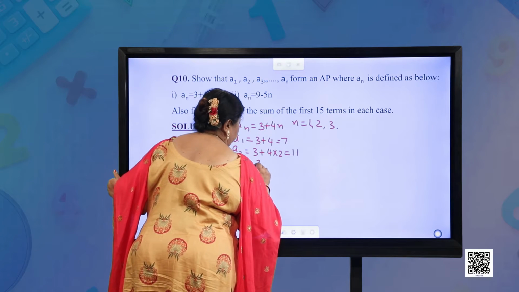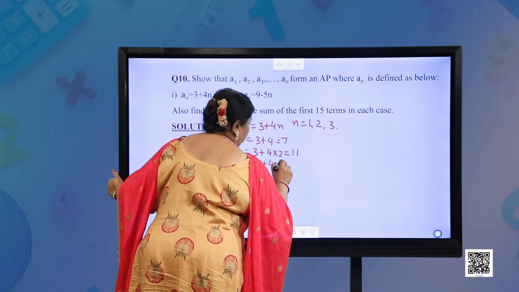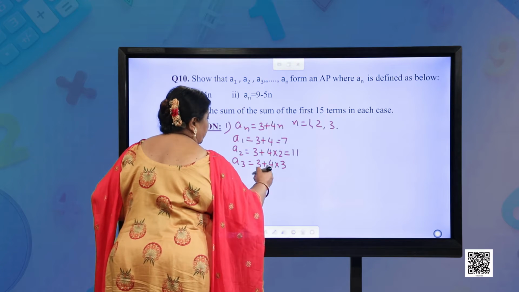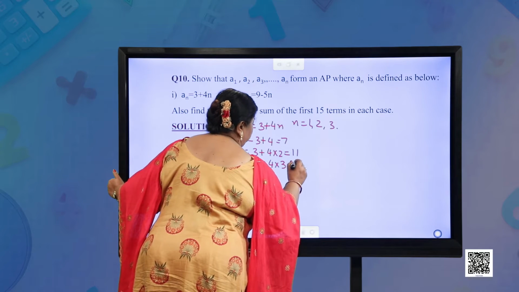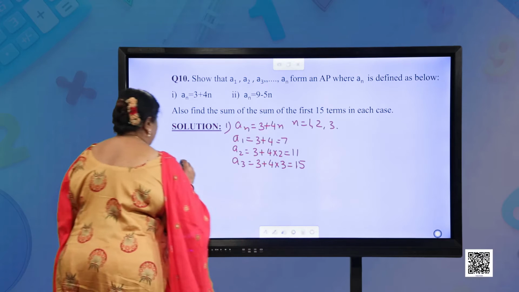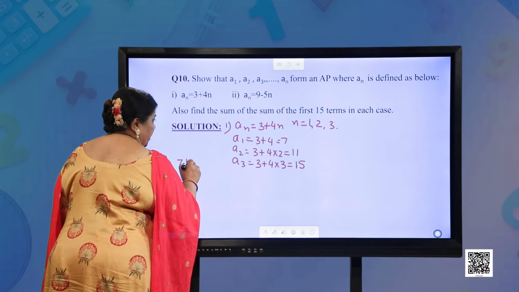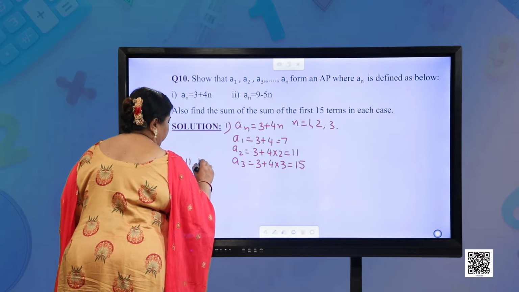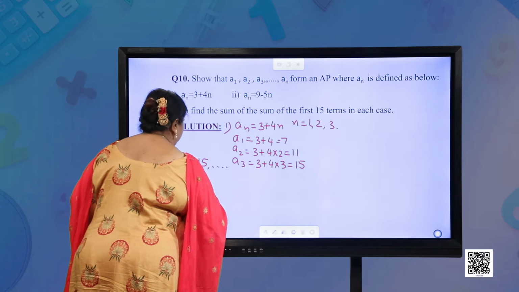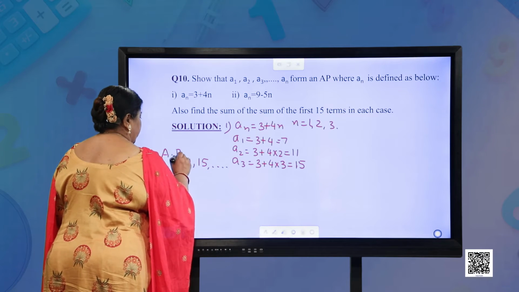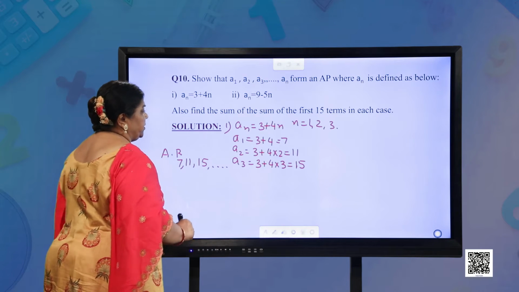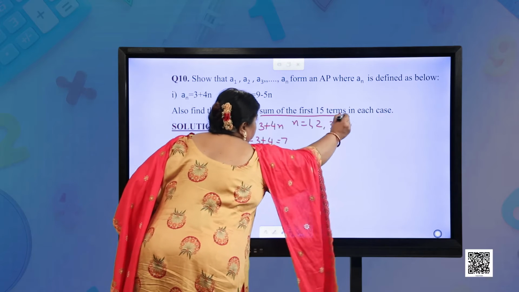A3, 3 plus 4 into 3, 12 plus 3 is 15. So, I get 7, 11, 15 as the terms of the AP. This is an AP.